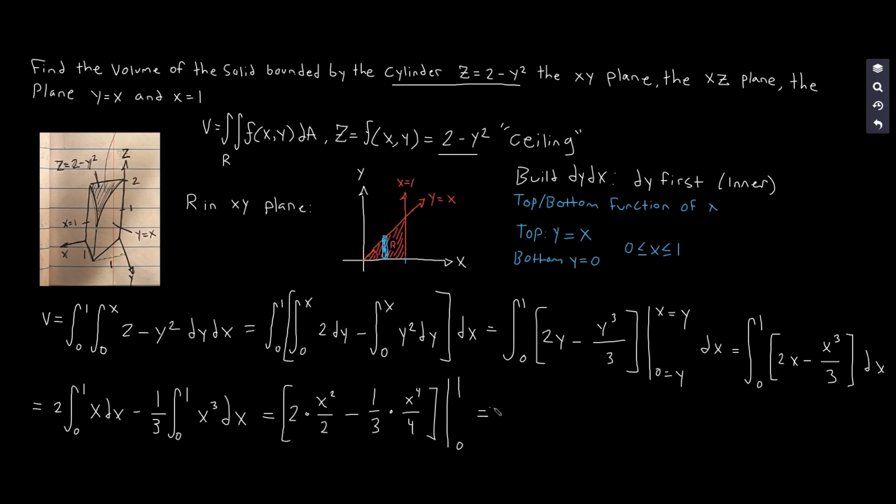Well, if that's the case, it's going to be 1 minus 1/3 times 1/4. So what is this? 1/12. 1 minus 1/12 equals, well, 12 minus 1 is 11. So this is going to be 11/12, and that's going to be the answer.